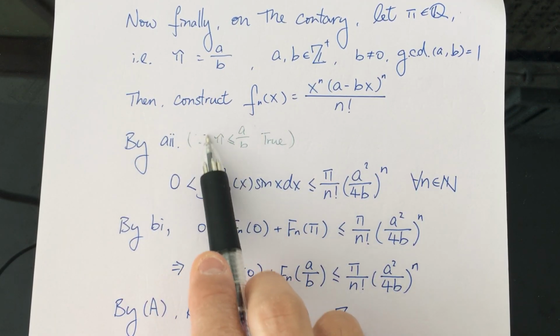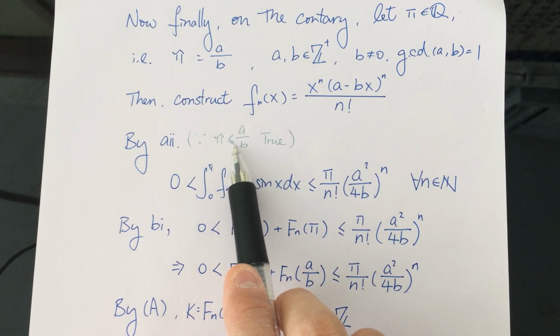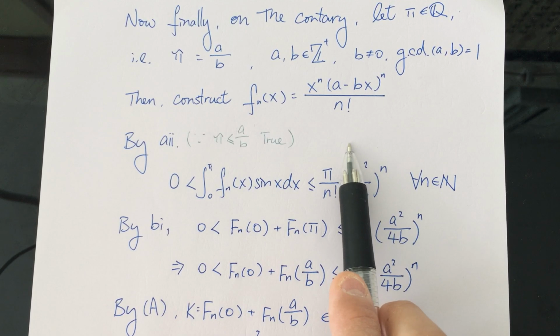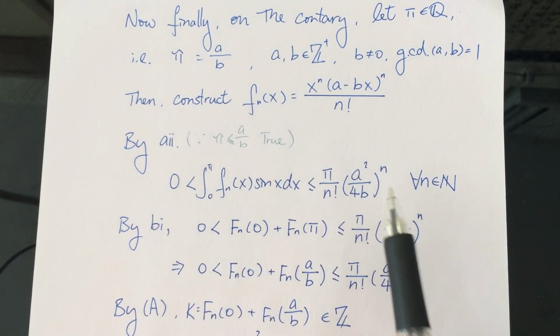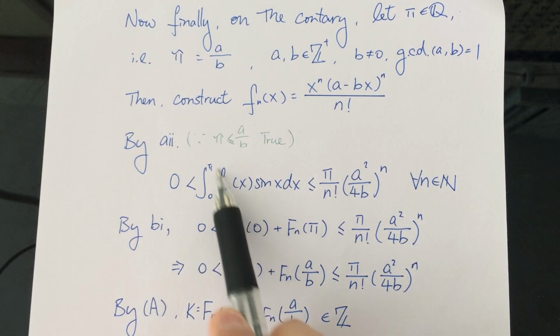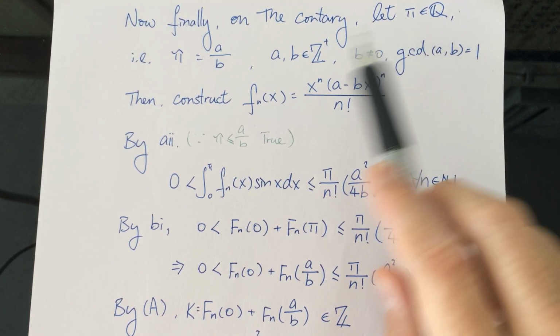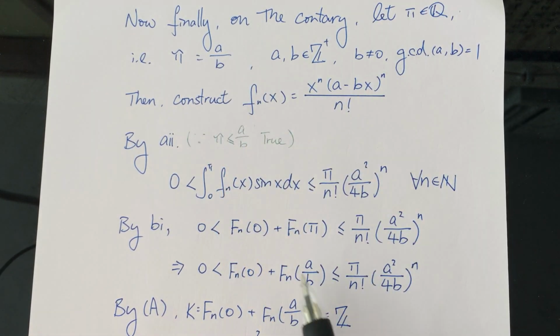By part A2, we can apply it because pi is less than or equal to a over b. Then we have this inequality, which is the result of part A2. By B1, this part is this part, and by our assumption that pi is a rational number, pi equals a over b.